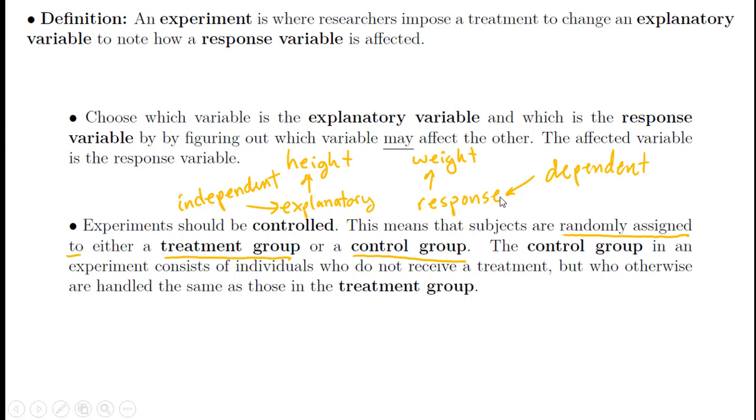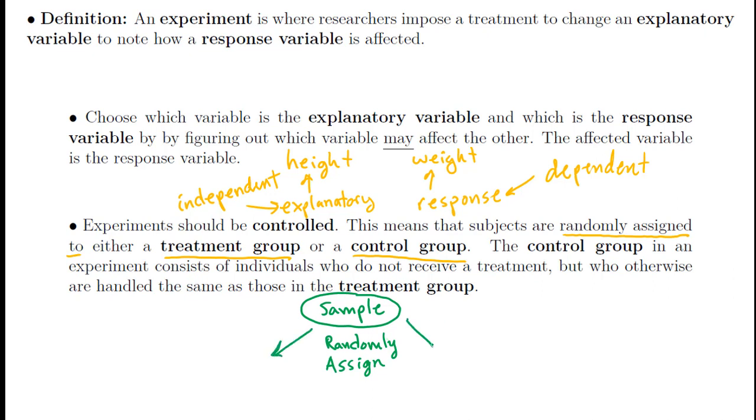So just a very simple diagram to accompany this: you've got your sample, so a group of people, and then from your sample you're going to randomly assign the members of the sample either to a treatment group or a control.